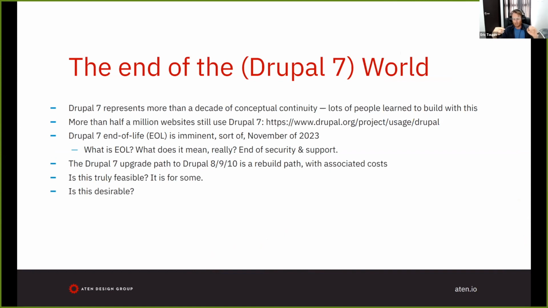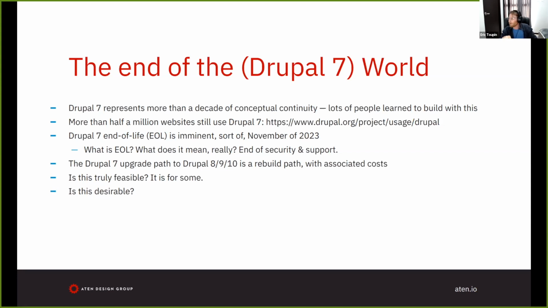They have been creating all kinds of documentation, whether that's on blogs, official documentation, Stack Overflow, thousands of modules, tons of themes, just tons of different ways to work with Drupal 7. So it's probably no surprise that even today, more than 500,000 websites still use Drupal 7.